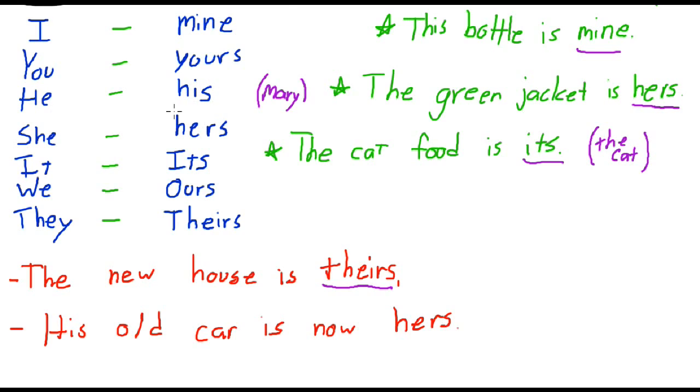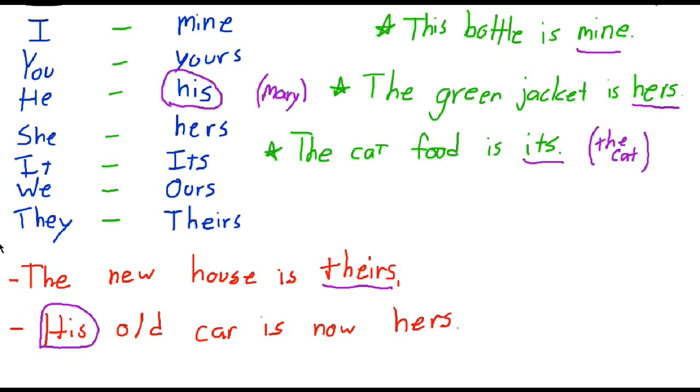Well, you notice in the first part of the sentence, we have his. But remember, we use his for possessive adjectives and possessive pronouns. In this sentence, his comes before the noun, so this would be an adjective.